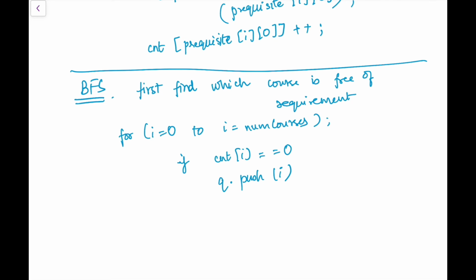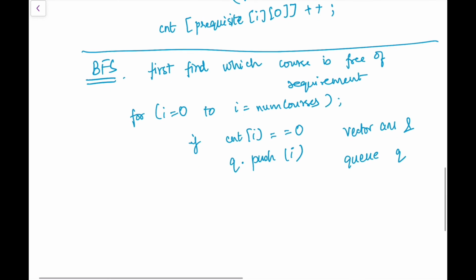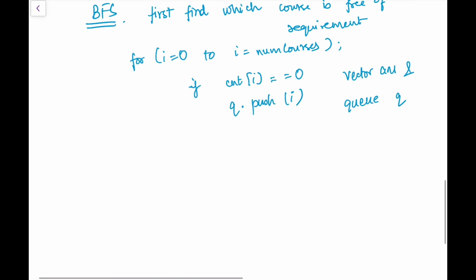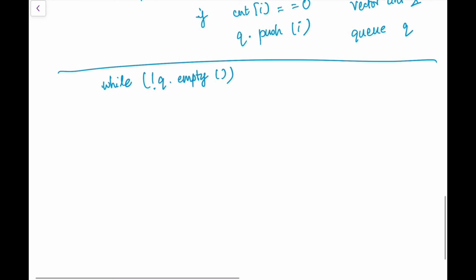Here I am taking two other variables which are answer, a vector, and queue. Now this is done. What next I will have to do? While my queue is not empty, I'll pop a value from queue.